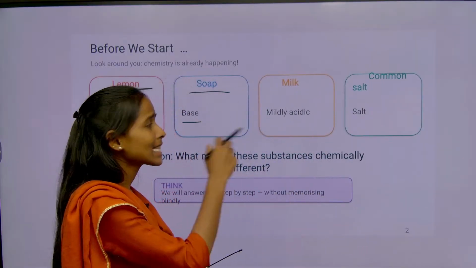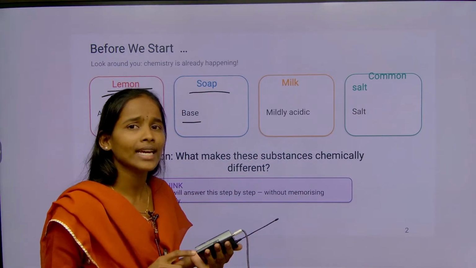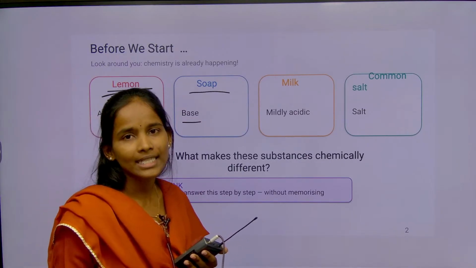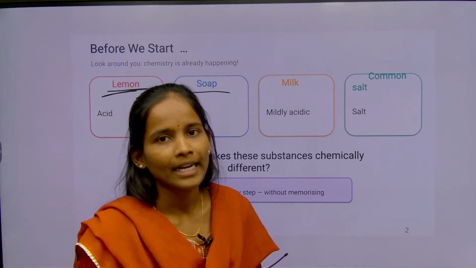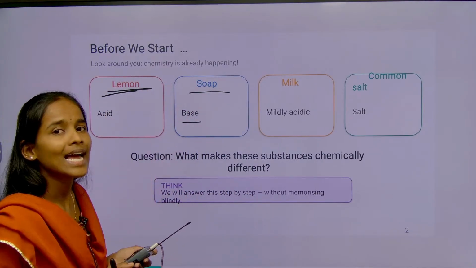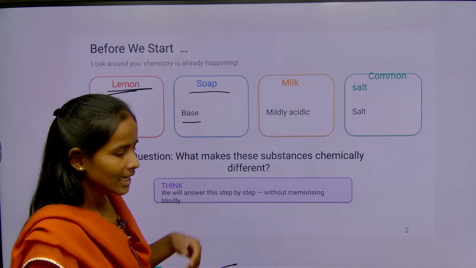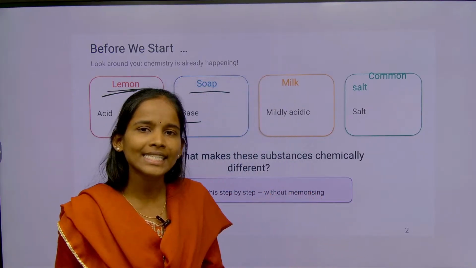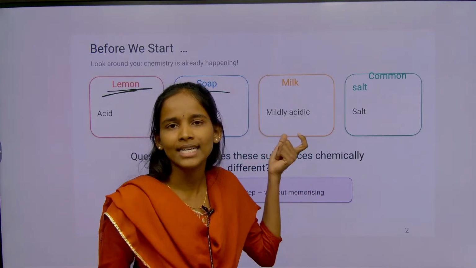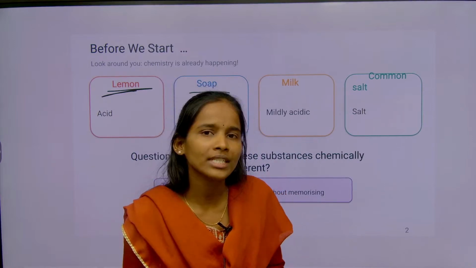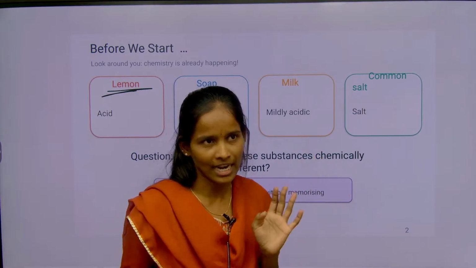Other than these, so many substances are there. For example, curd contains lactobacillus bacteria and lactic acid, so we say it is an acid. So we can study acids, bases and salts even in our kitchen itself, without entering into the chemistry lab.